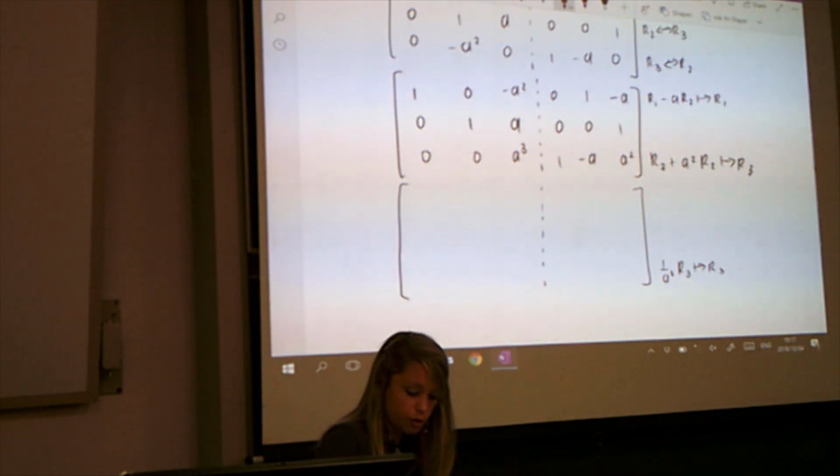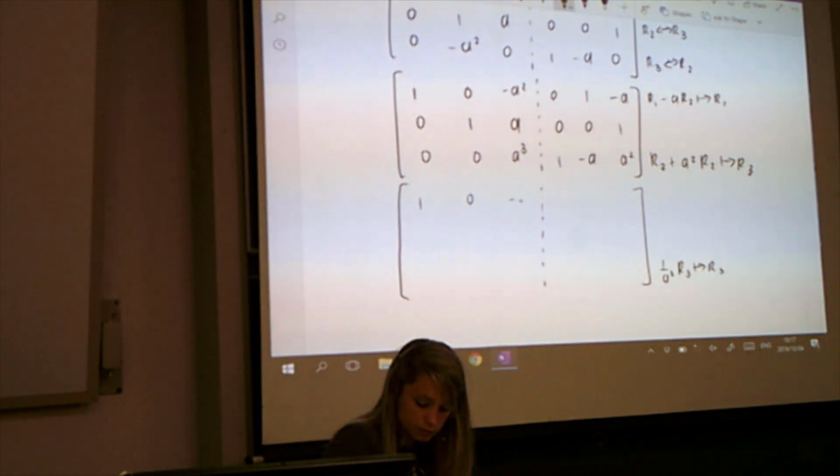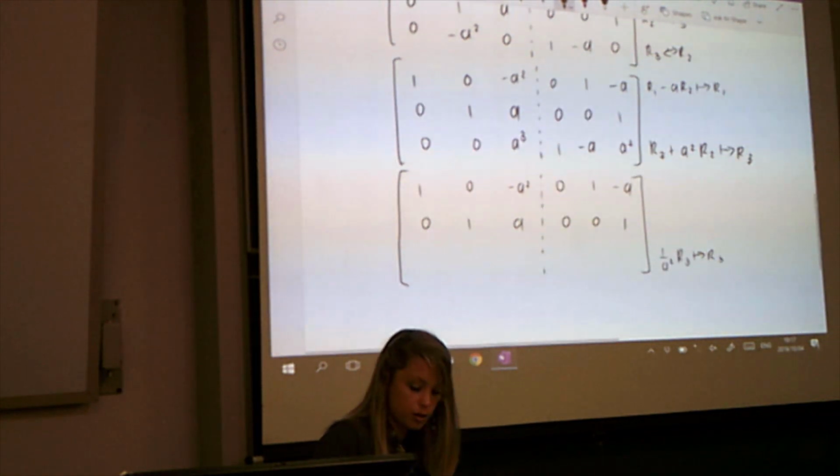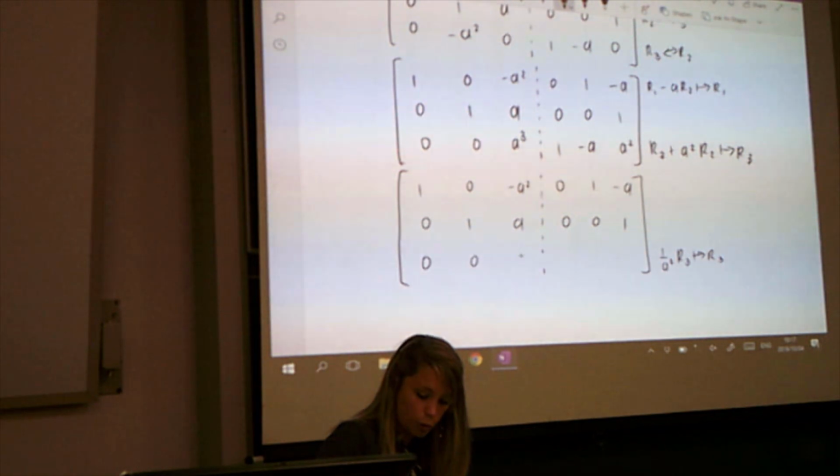So my first 2 rows stay the same. And then my third row is going to be 0, 0, 1.